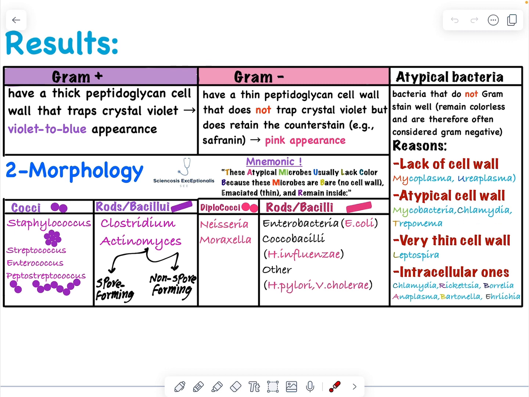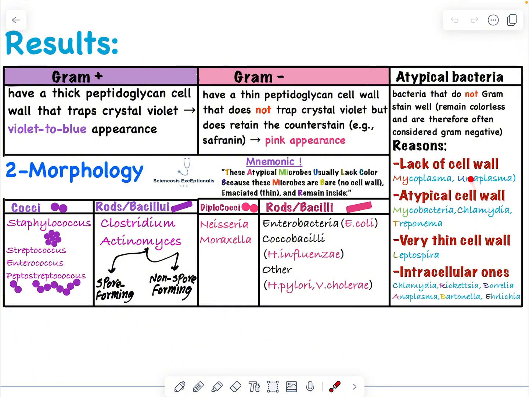The Chlamydia lack the peptidoglycans. The Treponema lack the lipopolysaccharide. Or maybe they have a very thin cell wall, as Leptospira. Or maybe they are intracellular ones, as Chlamydia, Rickettsia, Borrelia, Anaplasma, Bartonella, Reliquia.